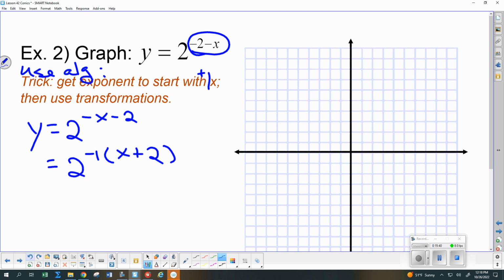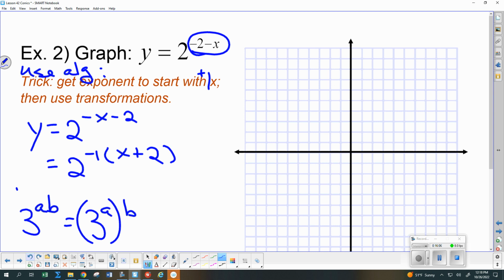Everybody good with that? Now I want you to think about your exponent properties. You know that if you have 3 to the AB, that's the same as 3 to the A to the B. Usually we think about it as starting with the way on the right and going to the left, but you know those are equal to each other, right? I've got that kind of a pattern up here.